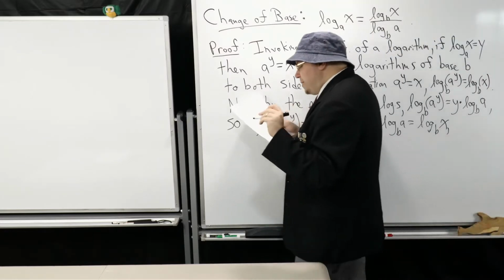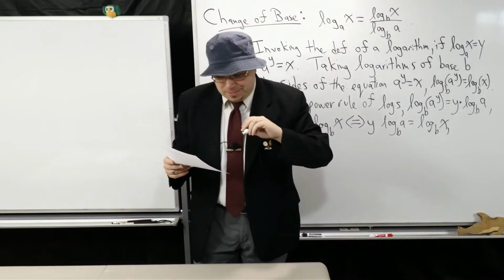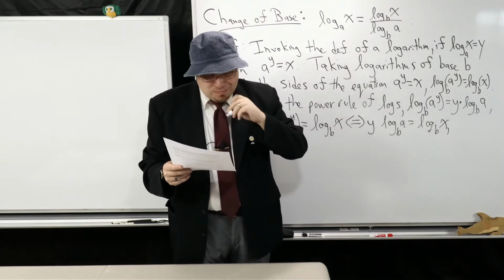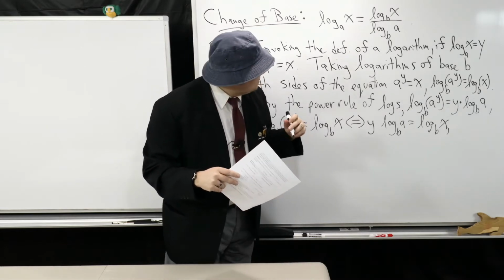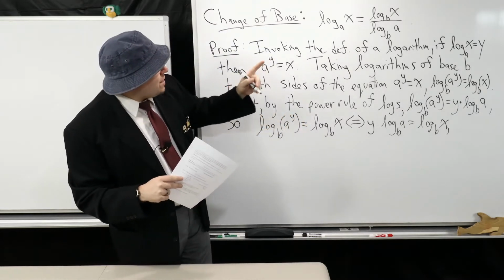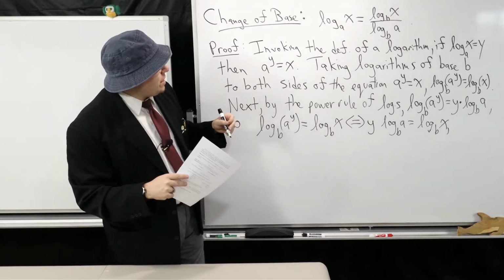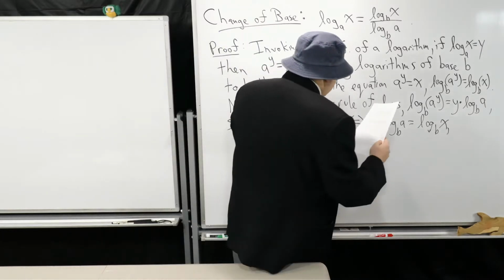Now, what do you see that's interesting about y? Remember what y was at the beginning? I told you y is equal to log base a of x, right? So I'm going to use that.